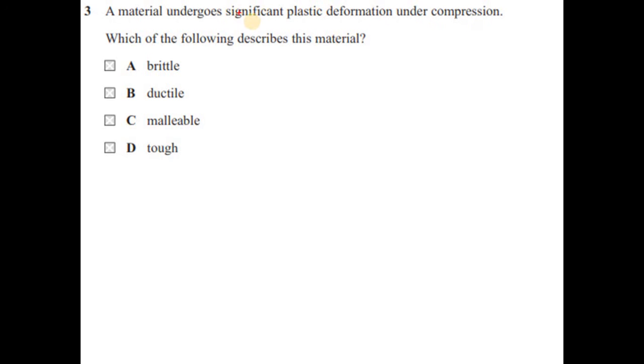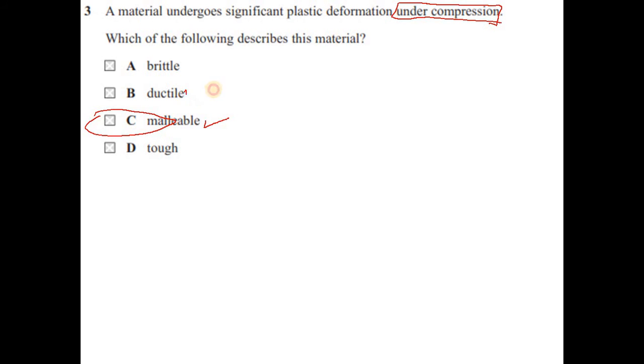The behavior is that it is deforming. The key word here is compression. So the material which deforms under compression is malleable. So we have option C.